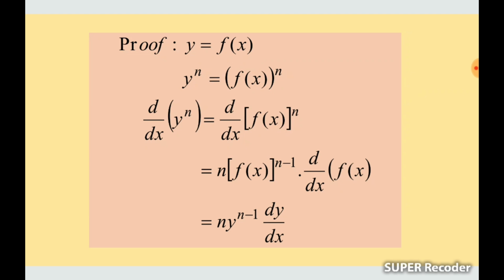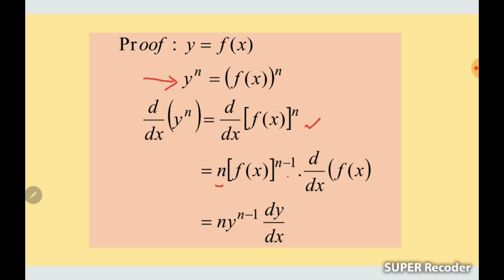Okay, if given y equals f(x), then y to the power of n equals f(x) to the power of n. So differentiate on your left side, y to the power of n, equals differentiating f(x) to the power of n. Now differentiate f(x) to the power of n by using the power rule. You will get n multiplied by f(x) to the power of n minus 1.